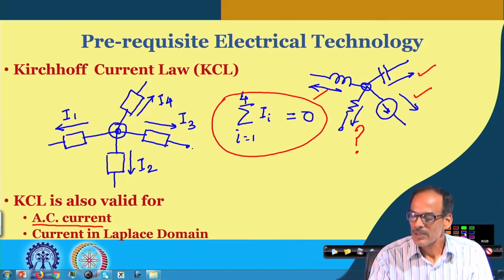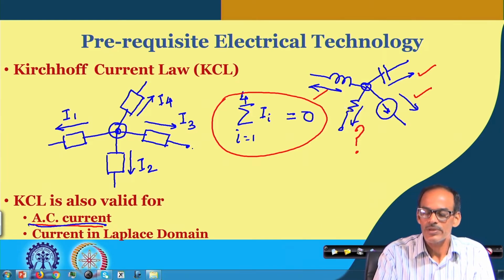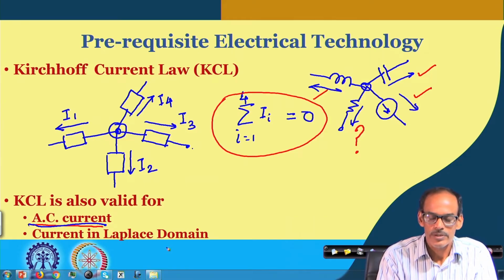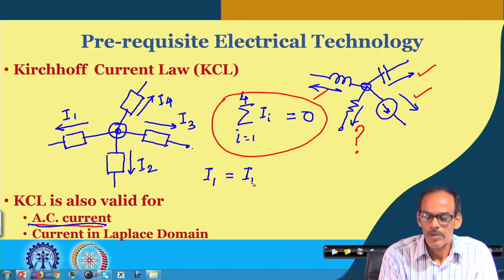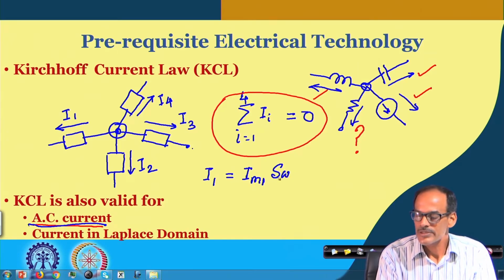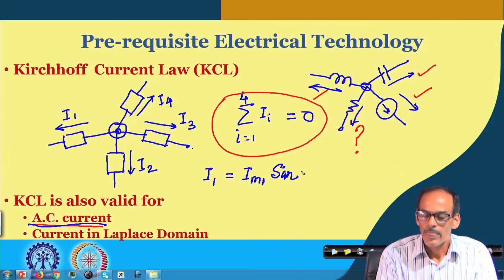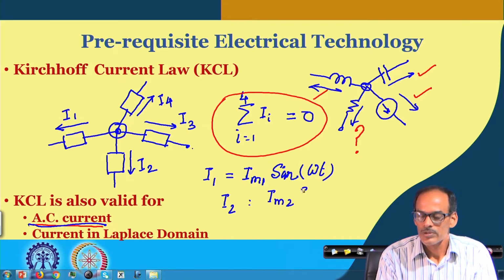What it means is that, suppose the currents flowing through each of these elements, say I 1, may have a signal with a frequency omega, say I m 1 sin omega t, and I 2 equals I m 2 sin omega t, the same omega we are talking about, and so on.